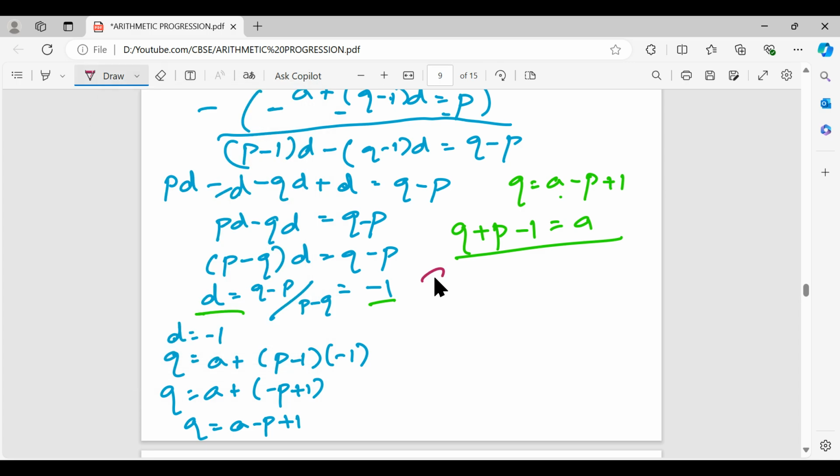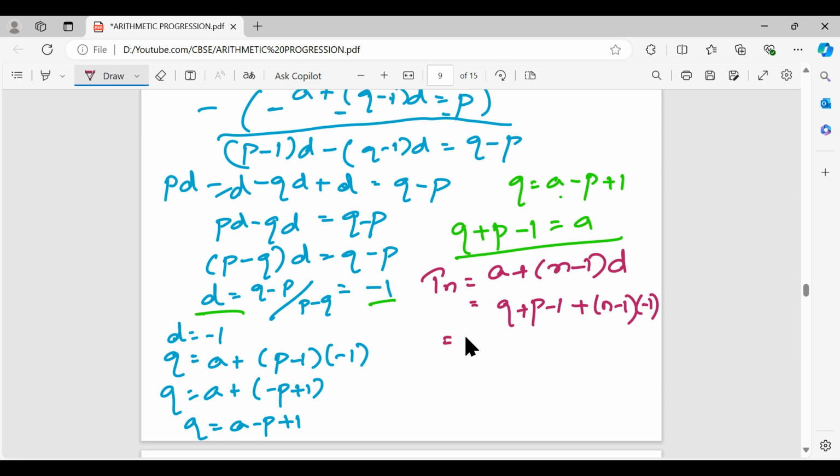Now that is easy. Tn is equal to A plus (n minus 1) into D. So your nth term will be: A is Q plus P minus 1, and then plus (n minus 1), and the difference is minus 1.